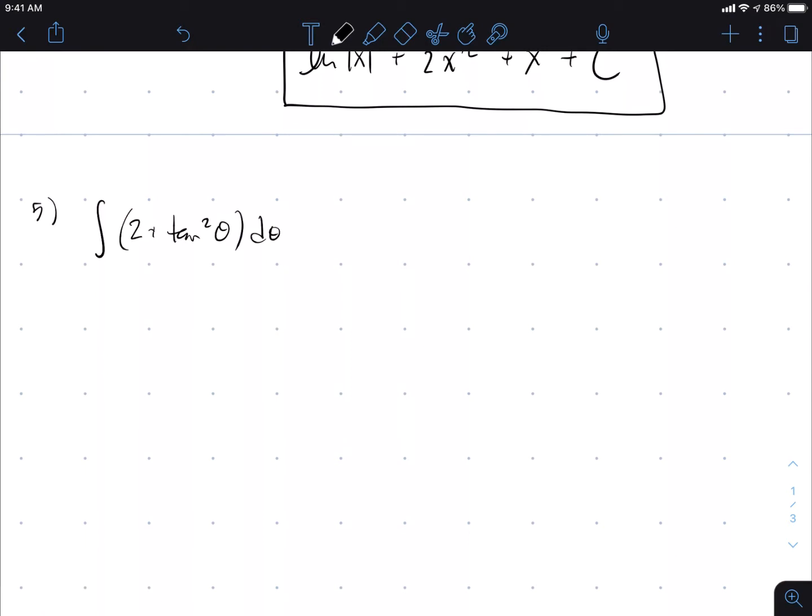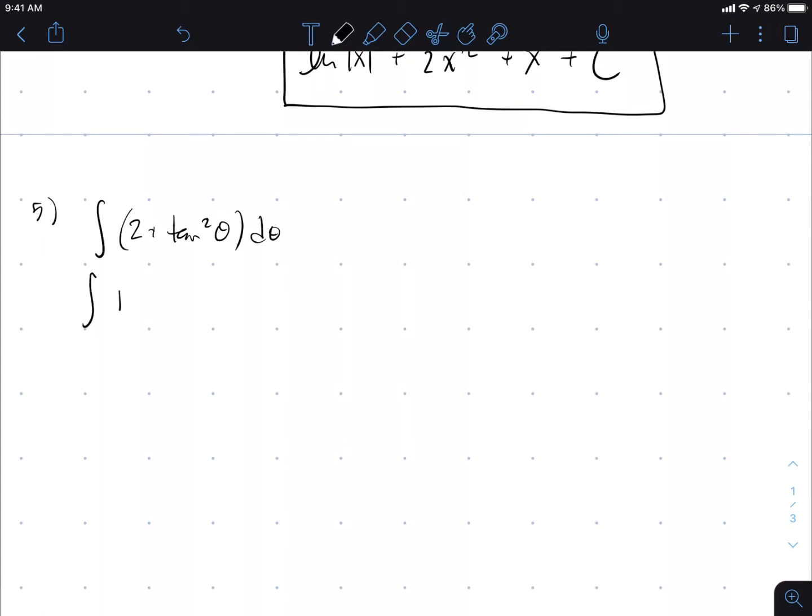Tangent, that's secant squared's derivative. So one of the things is we got to play some creative games with this. So what do we know integrals of?